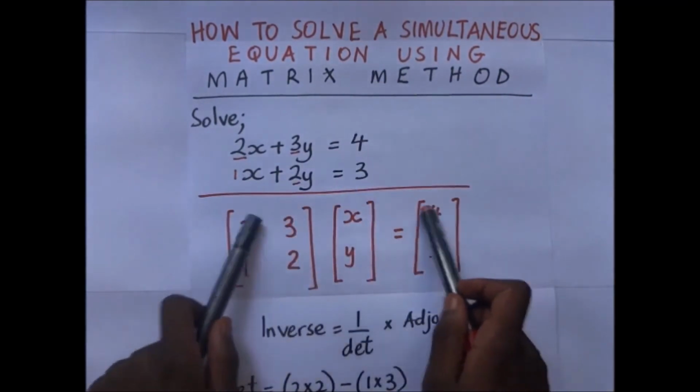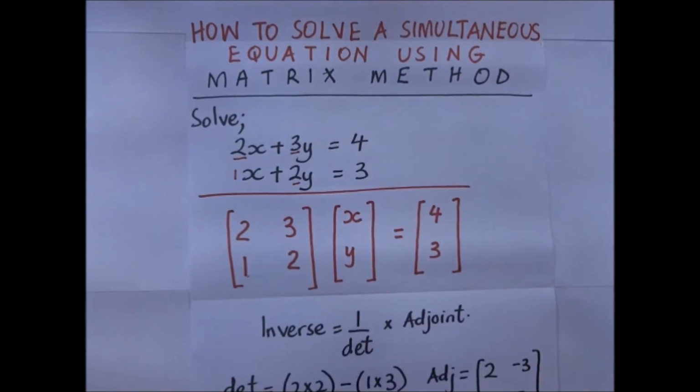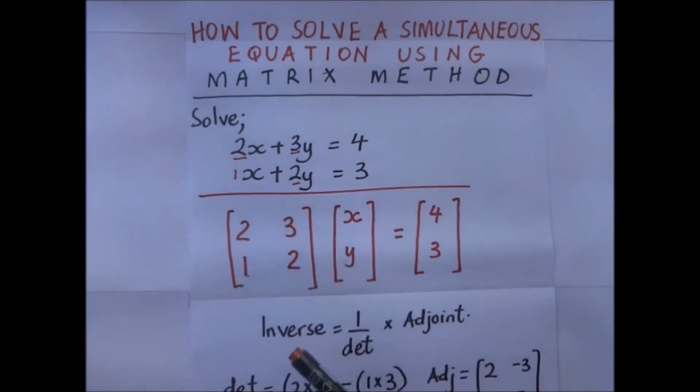So now we are going to deal with this to find the value of x and y. For us to be able to find the value of x and y, we need to eliminate this matrix from this side so that we remain only with the unknowns here. To eliminate this matrix, we are supposed to multiply it by its inverse.